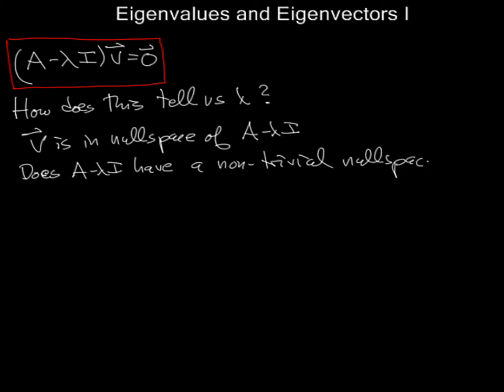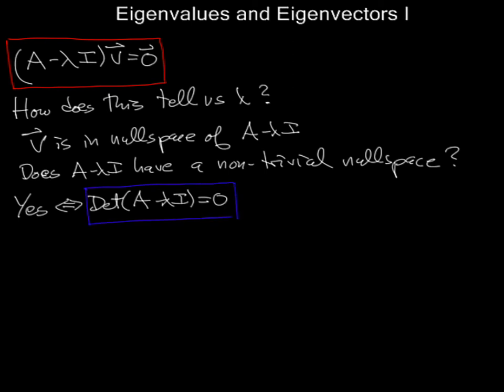Anything besides the 0 vector in it? Well, we know how to tell that. It does if and only if the determinant of this matrix is equal to 0. There you go. This equation is the key. This tells you what lambda is. You write down this equation and you solve it for lambda.